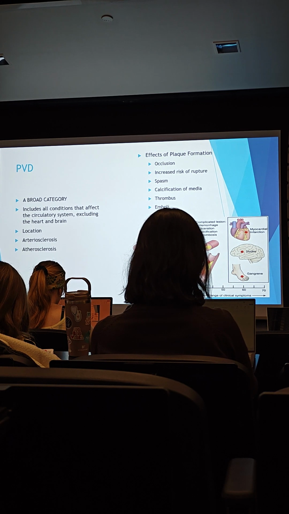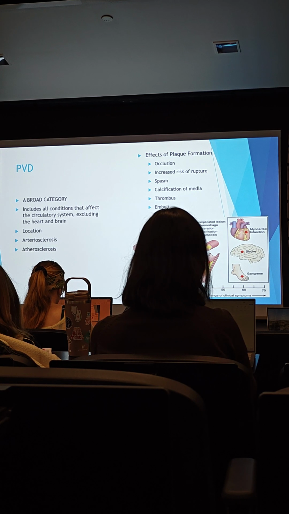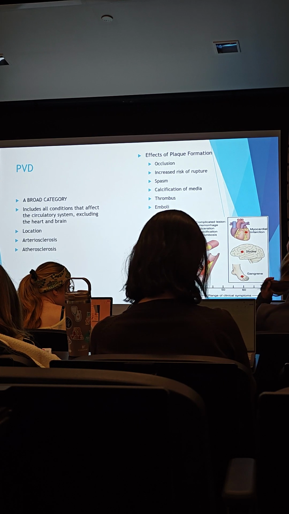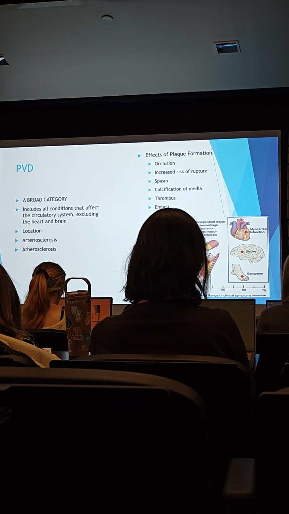When we talk about peripheral arterial disease, it's that narrowing. So it's the same pathophysiology that occurs in coronary arteries, where you can have plaque buildup, right? So your diet influences it.